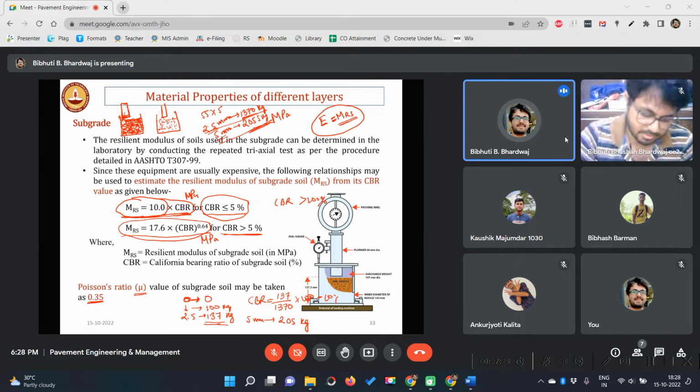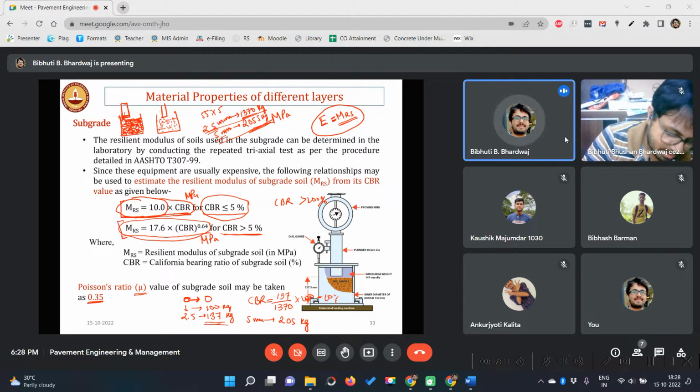Yes, very good question. So the modulus of resilience is directly correlated with CBR. This is nothing but your elastic modulus in the context of pavement design. So you simply find the CBR value and you will get your modulus of resilience.